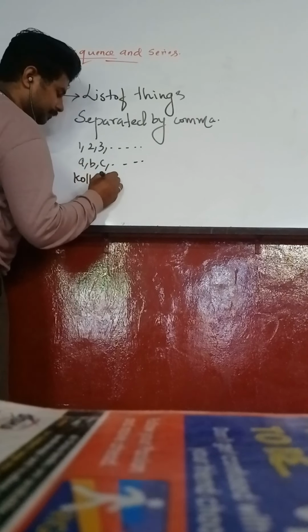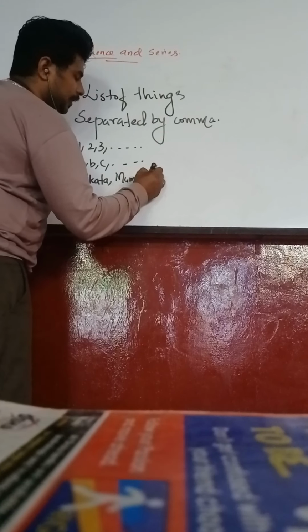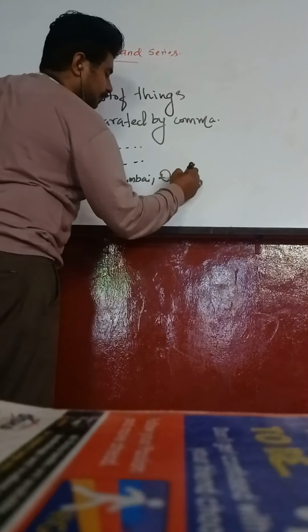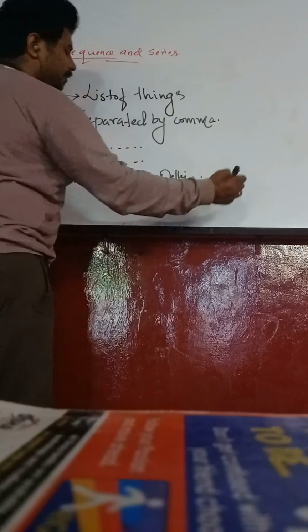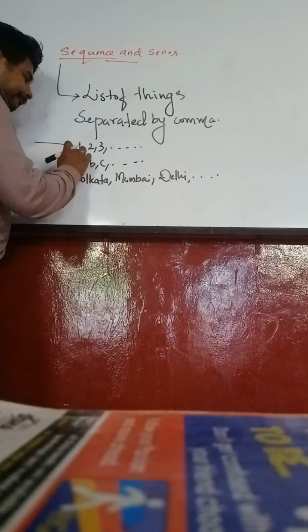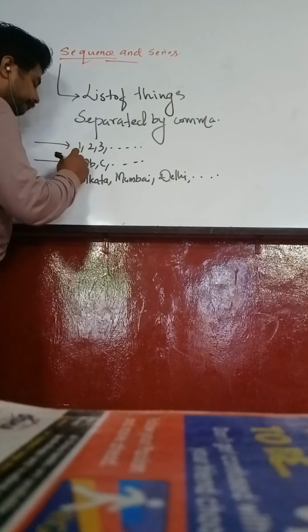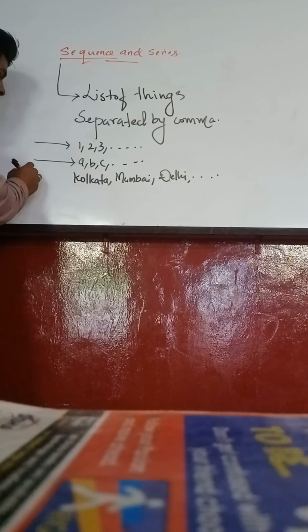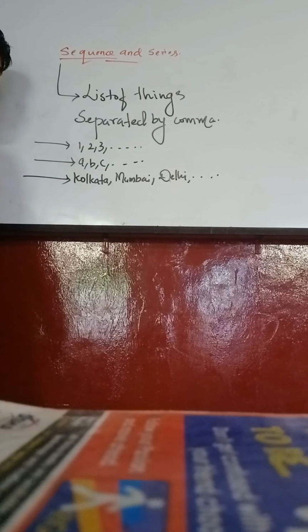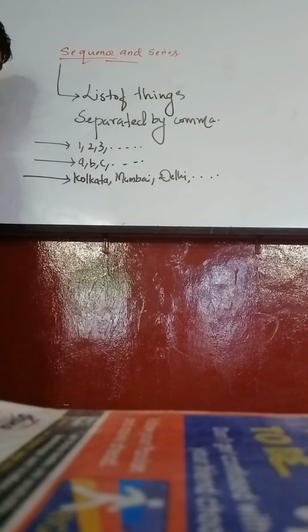Kolkata, Mumbai, Delhi, etc. is a sequence. So first one is a sequence of counting numbers. Second one is a sequence of English alphabets. Third one is a sequence of metropolitan cities in India. Okay, so this is what a sequence is.